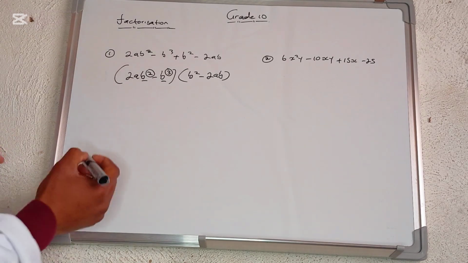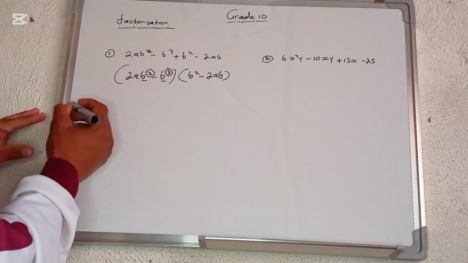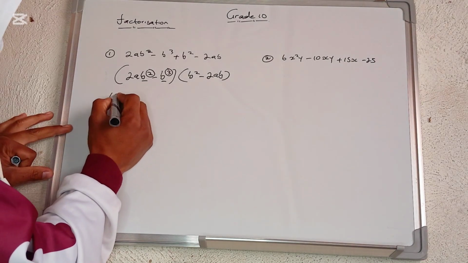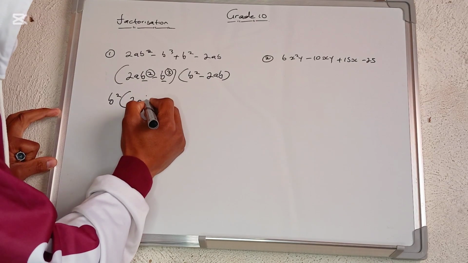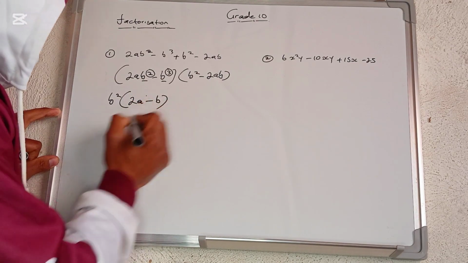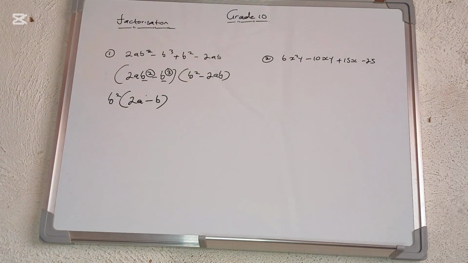So let's solve by taking out the common factor, which is b squared. We're going to have 2a minus b. Let me show you how I did it.